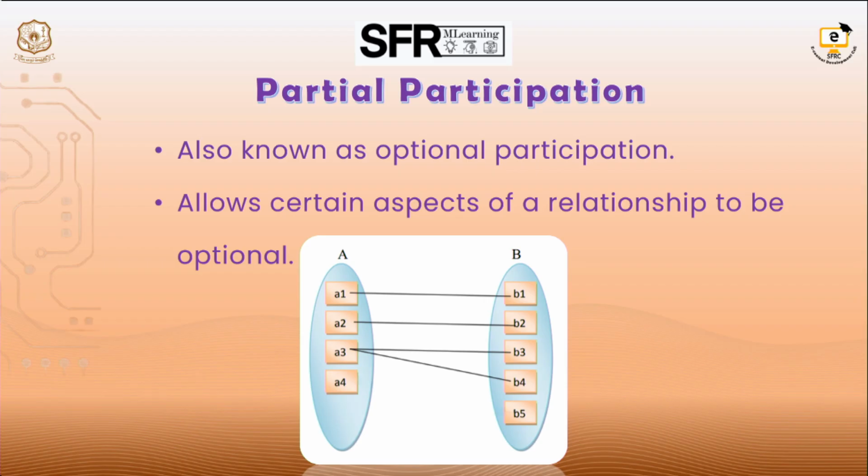In this diagram, we can see that A4 doesn't participate in any relationship set and B5 doesn't participate in any relationship set. Therefore, both entity sets A and B are said to be partial.